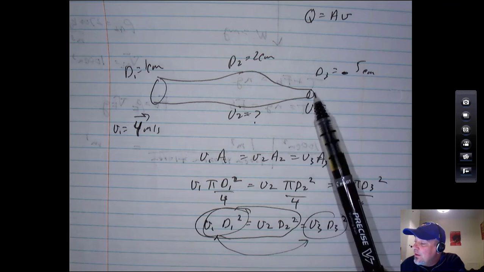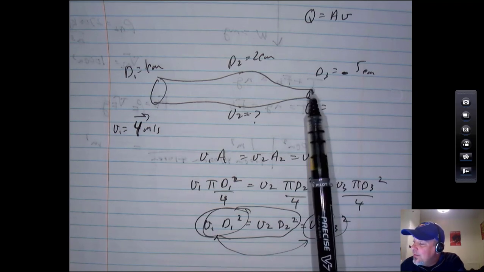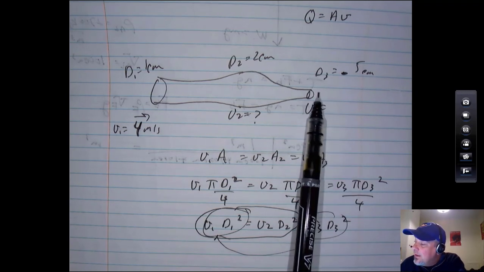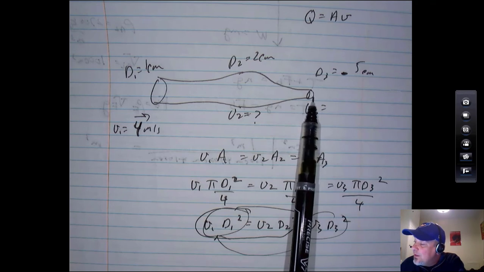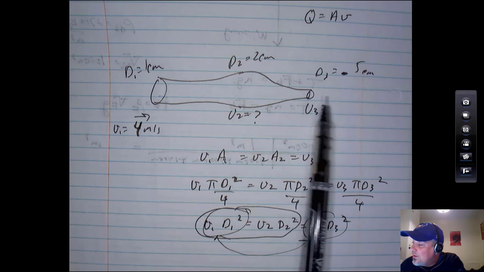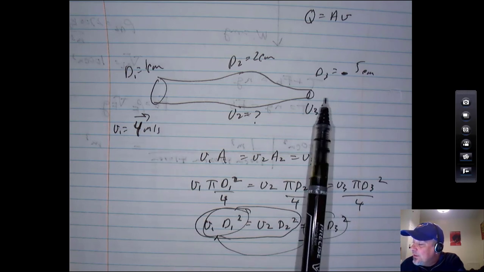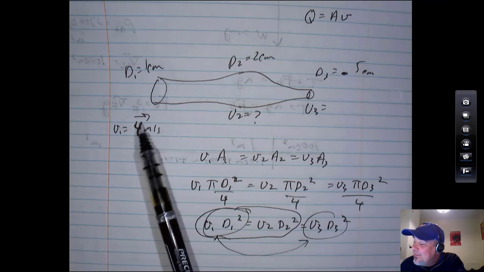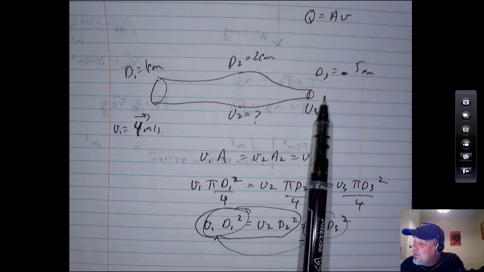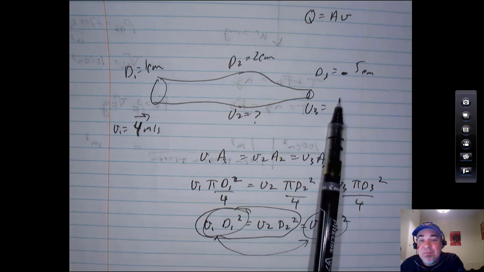Same thing over here. If I'm comparing V1 and V3, if the diameter is half as much, when I square it, that means the speed's going to be 4 times as much. So if I had 16 here, sorry, thinking ahead already. If I've got 4 here and I cut the diameter in half, this has to be 4 times greater, so this would have to be 16 there.